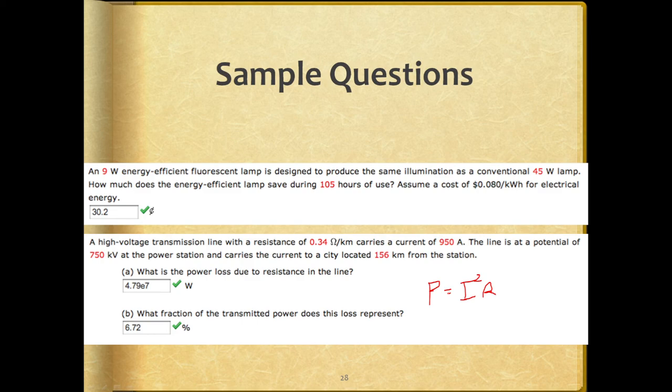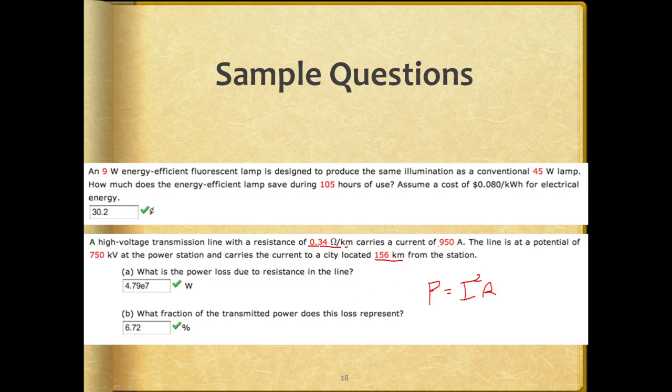For this specific question, we know we can figure out the resistance of a certain length of this transmission cable. We know how many ohms it is per kilometer, and we know how many kilometers long it is. So 0.34 times 156 would be 53 ohms of resistance.